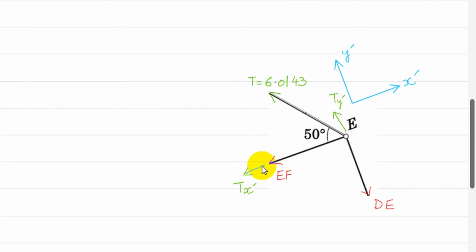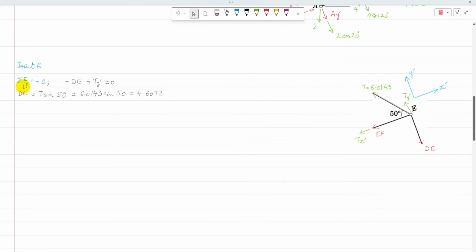then there is one unknown in vertical direction and one unknown in horizontal direction. So I can go for either sigma Fx equal to 0 or sigma Fy equal to 0. So applying sigma Fy dash equal to 0, DE is negative and Ty dash is positive. So minus DE plus Ty is equal to 0. So DE is equal to T sine 50, angle of T with horizontal is 50.